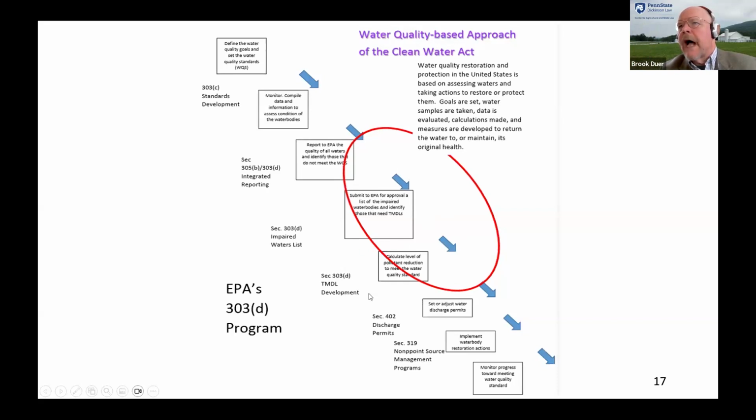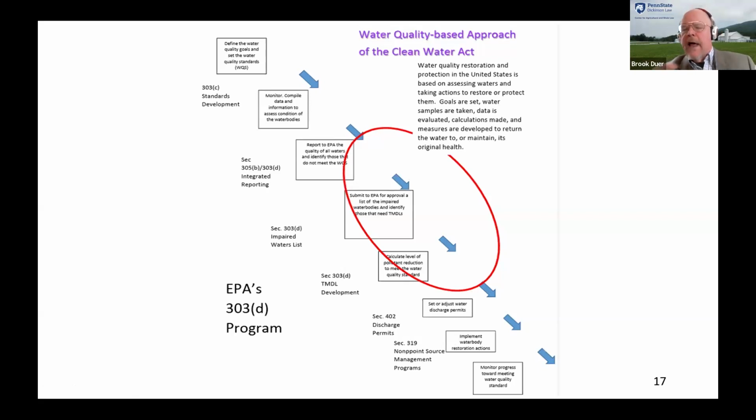Then the concept, as intended or as designed, was that you would then develop the TMDL. It says calculate level of pollutant reduction to meet the water quality standard, and that's the TMDL. Then you do two things. For point source discharges, you take the permitting system and you adjust your permit criteria and allowances and the effluent limitations and everything to essentially achieve those TMDLs to the extent that you can.